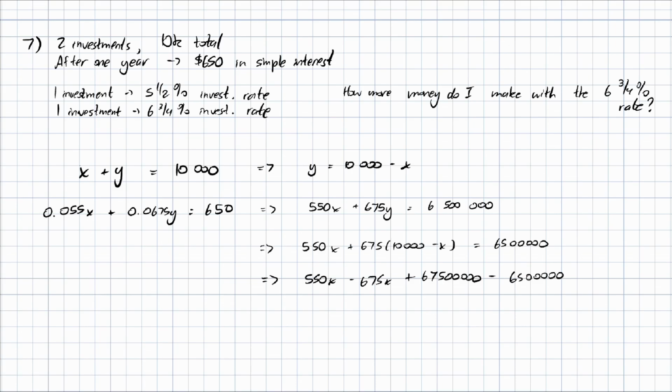I get negative 25x equals, this is going to be a painful one. Let me pull out a calculator, make sure I'm not going insane. This just doesn't seem right. It's going to be like 6 zeros divided by that.